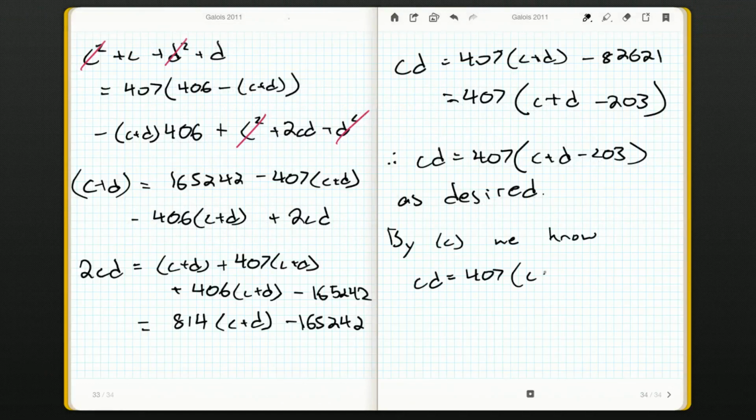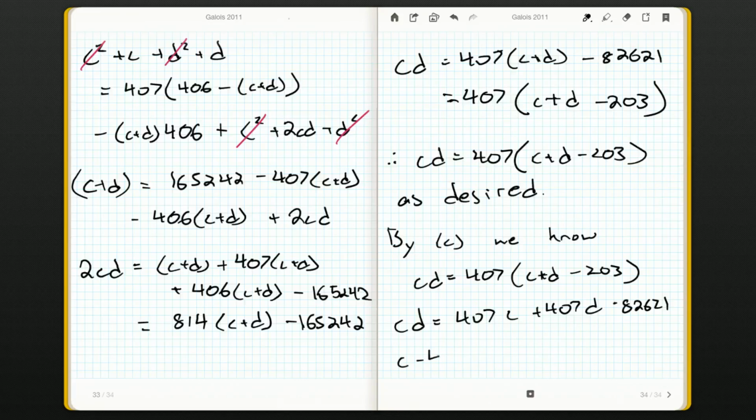So we know CD is 407 times (C plus D) minus 82621. So if we expand this out a little bit, we get 407C plus 407D. Let's collect all our D's onto one side. So (C minus 407) times D is equal to 407C minus 82621.